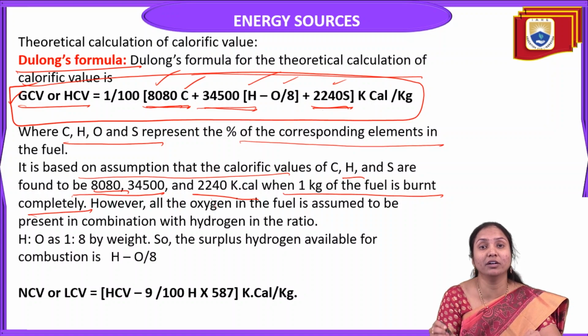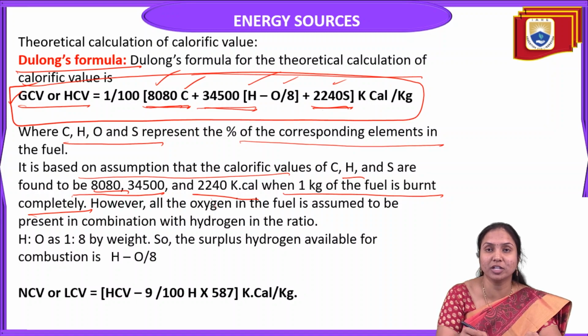If 1 kg of fuel is burned, this is how much heat energy is released: 8080, 34,500 and 2,240 indicate the calorific values of carbon, hydrogen and sulfur when 1 kg of fuel is completely burned. In this case, it releases this much energy.